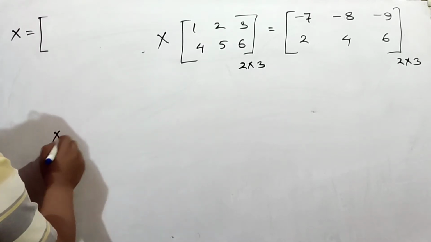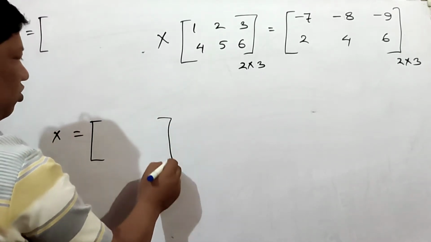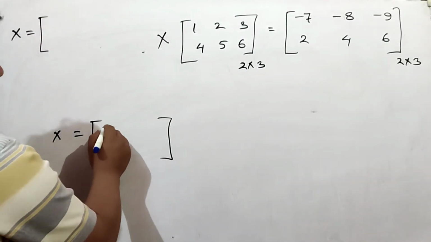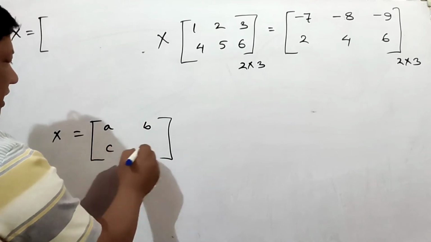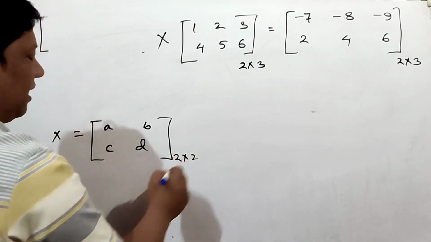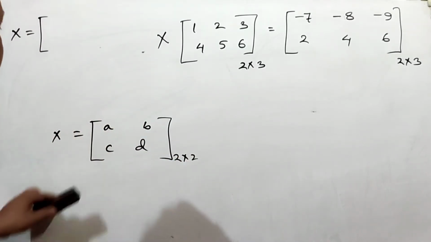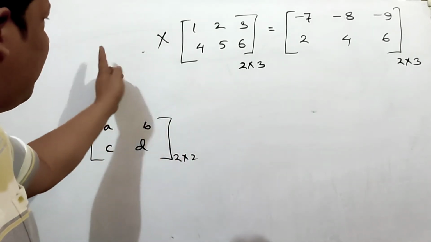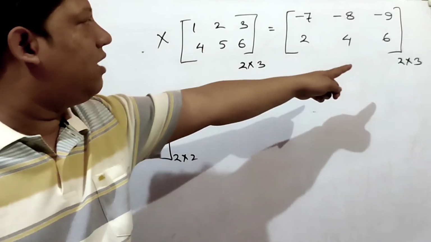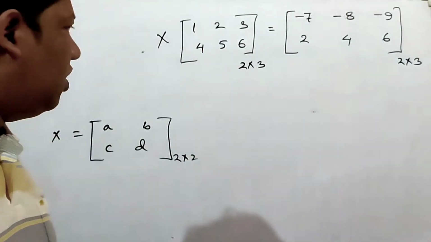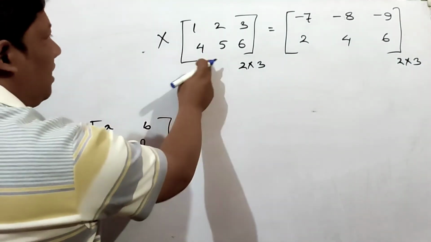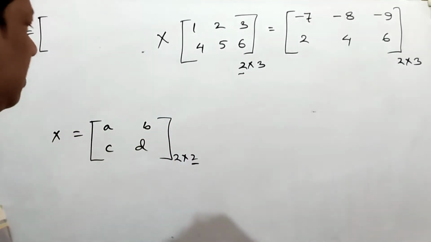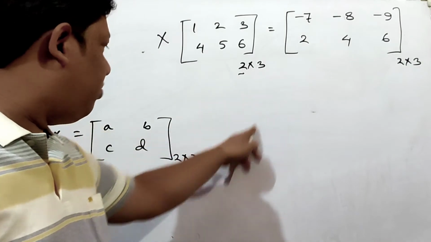It should be like this because it is a 2 by 3 matrix. So if I write here a, b, c, d, a 2 by 2 matrix, then it will be the product. X should be like this because it is 2 by 2. Because if you multiply these two terms, then you get a 2 by 3 matrix. So if you want to multiply, then this last and first should be the same. That is why your answer will be a 2 by 3 matrix.